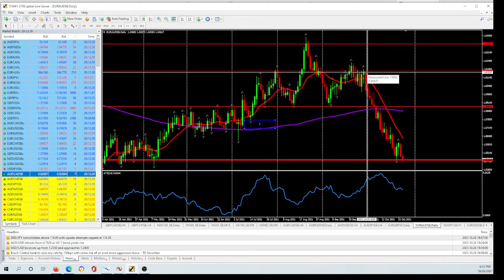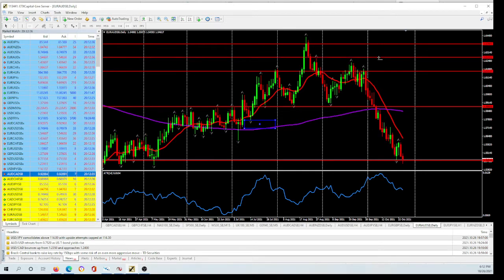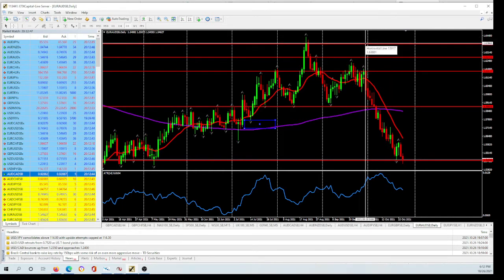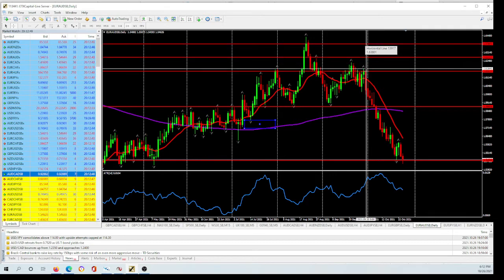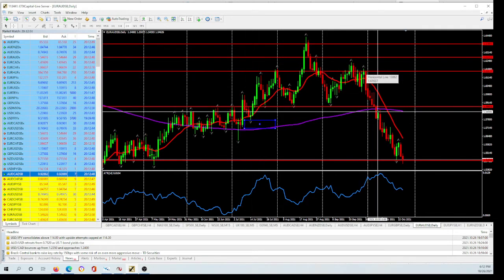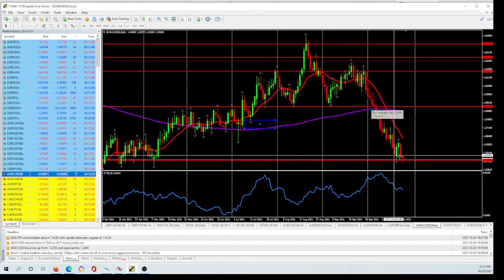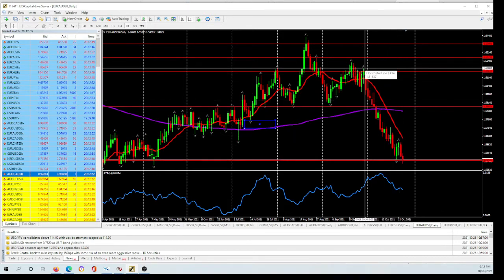here, and then I can put my stop loss either here, or if I add an ATR, 1 ATR to it, my stop loss then is going to be here. Then my take profit, the first key level is here, the second key level is here, but I'm not doing 1 to 1.